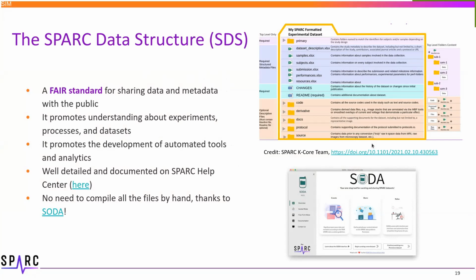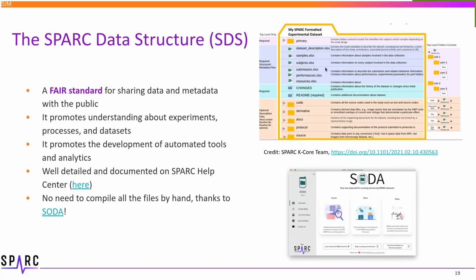There's also an associated publication, and this has been built by my colleagues from the K-Core team, one of the 4 teams that work in the DRC. The idea here is to really promote understanding about experiments, processes, data sets, protocols, to make everything well documented for other researchers to easily understand, but we also have in mind developing automated tools and analytics around this metadata. So also in the design of this metadata, we had this in mind.